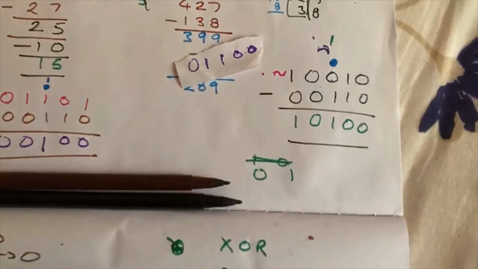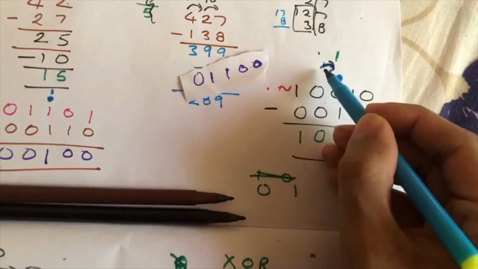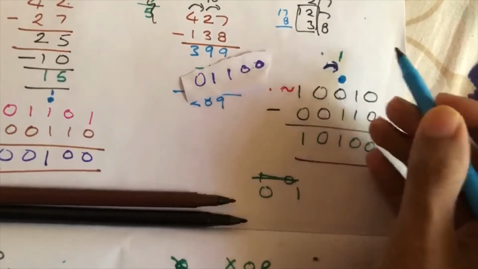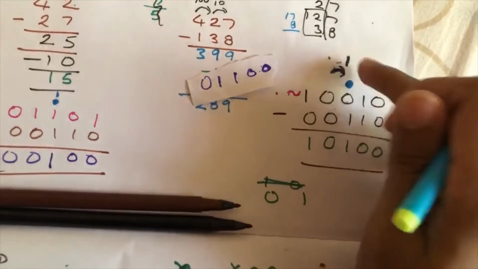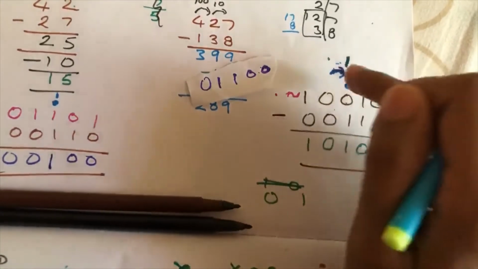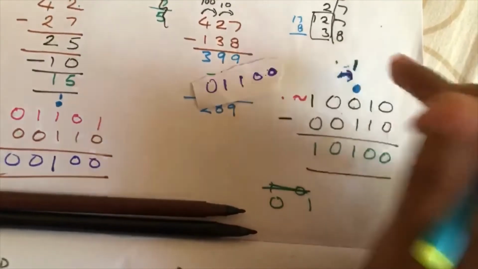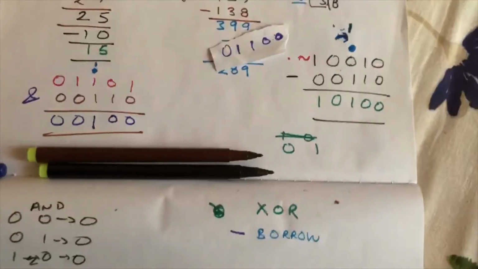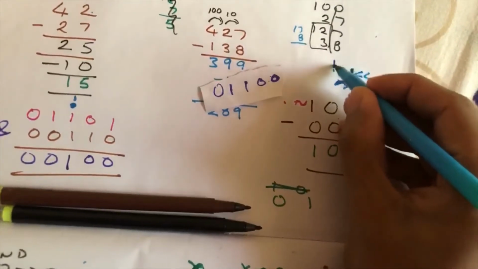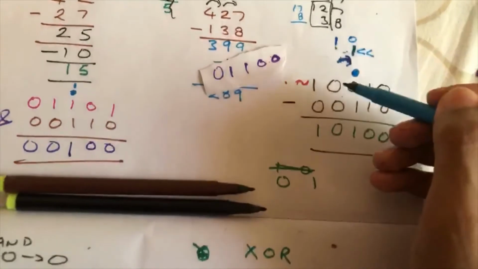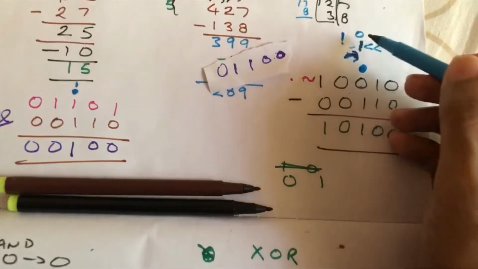Even though a borrow happens only when 0 and 1 appears, the borrow is happening from the digit to its left. Because of that, we need to left shift it. Left shift this one, so this 1 actually comes here, 10. And that's what we want, right?